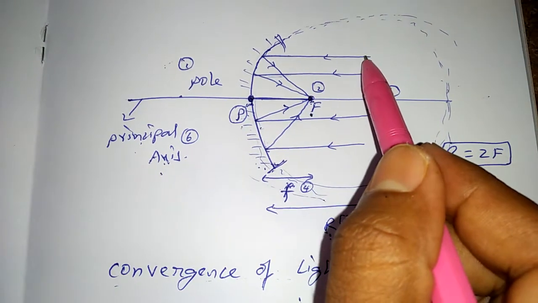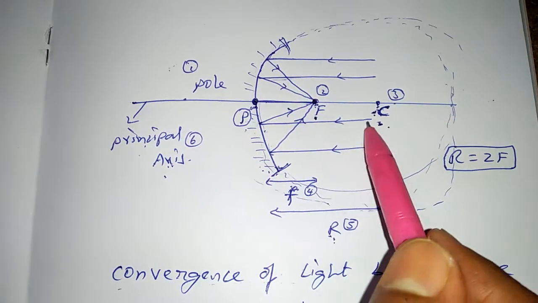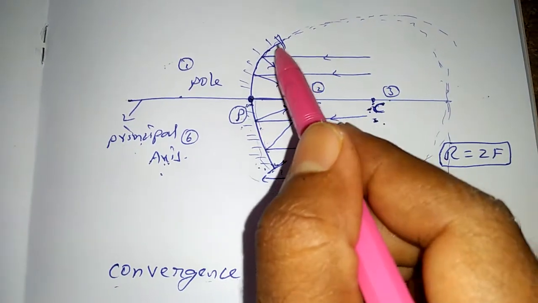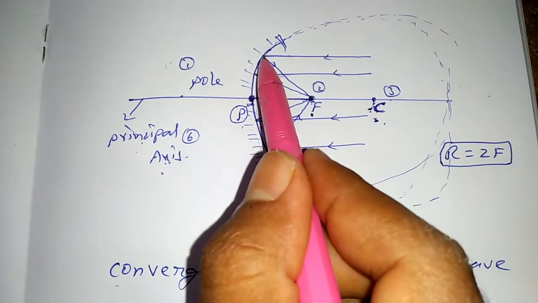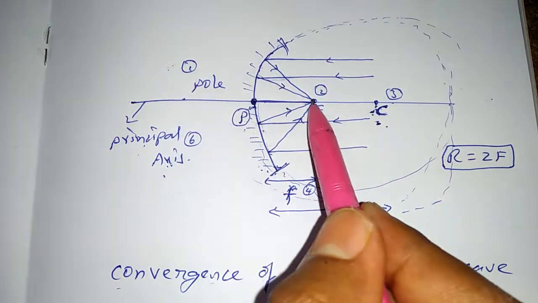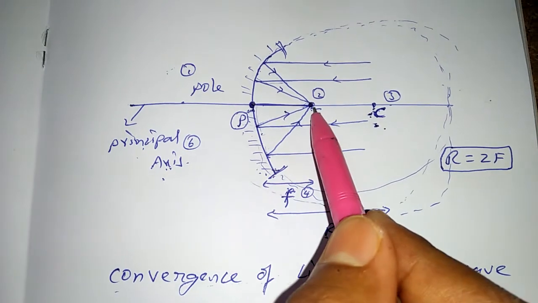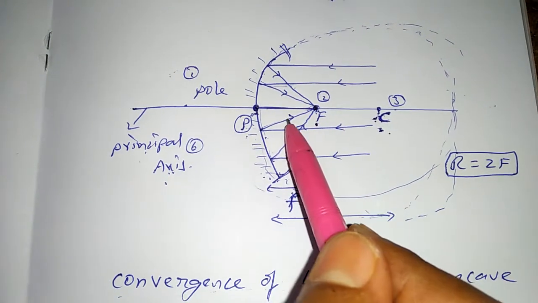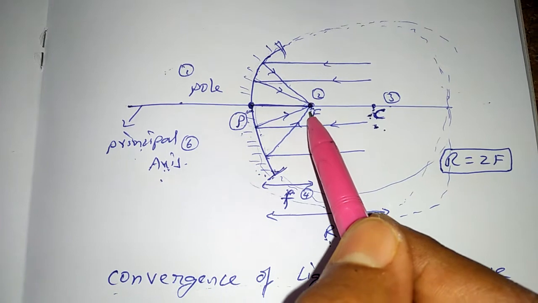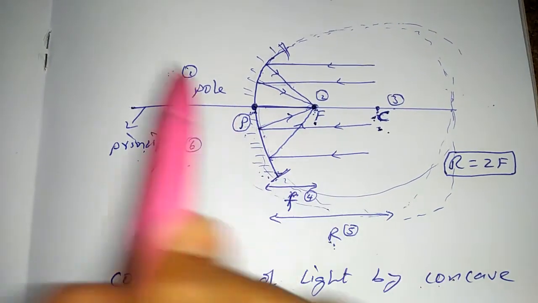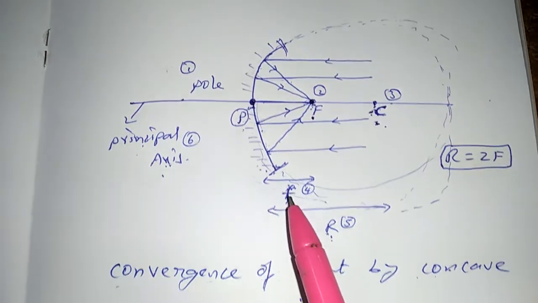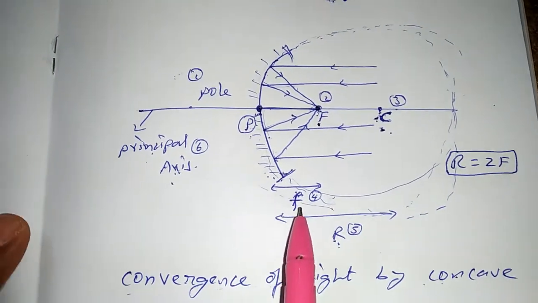If we incident the parallel beam of light on the concave surface, then this surface will reflect the light like this, and all these reflected light rays will meet at a point. For this situation we have to discuss 6 very important definitions.